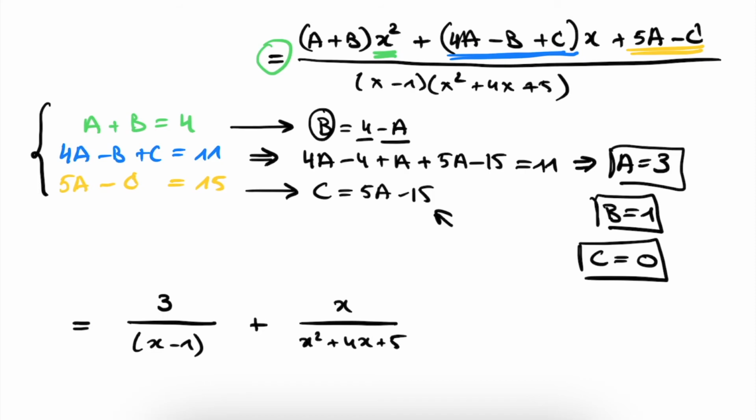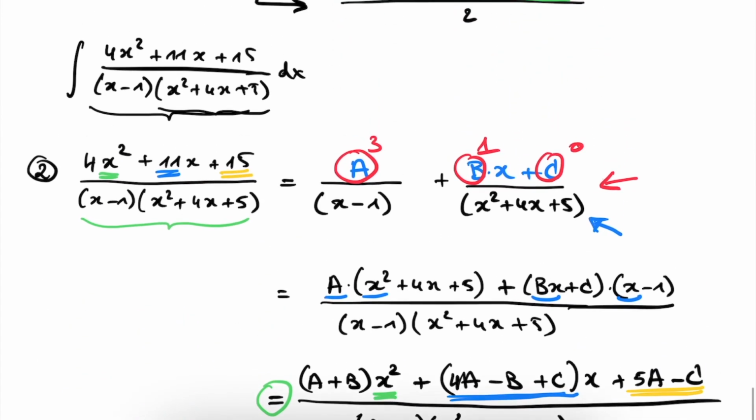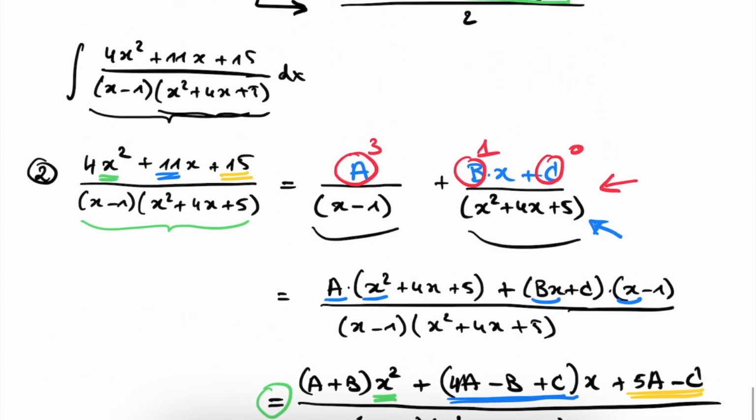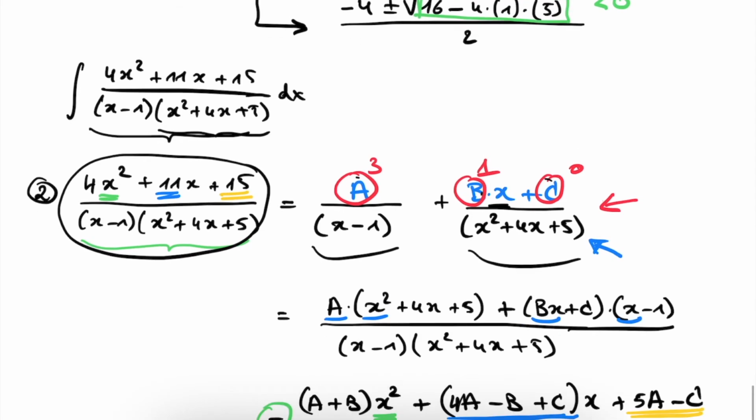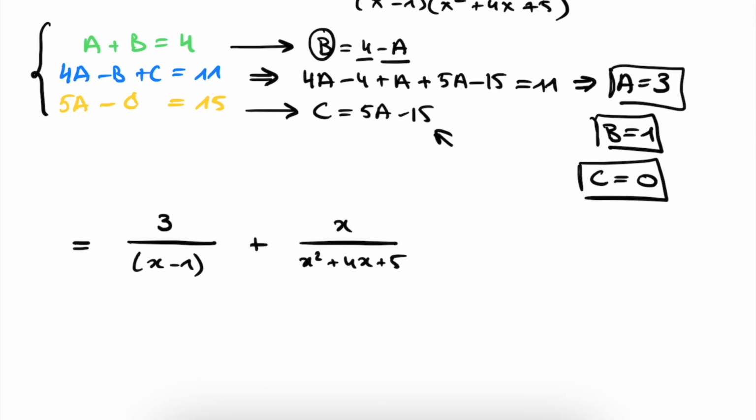And again, how do I get these two fractions? These are simply these two fractions with a is equal to 3, b is equal to 1, and don't forget this x here, and c is equal to 0, which is of course equal to our original fraction in our original integral. So what we're left with is to solve these two integrals, and we are done.